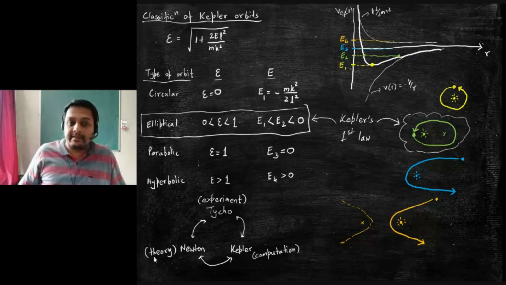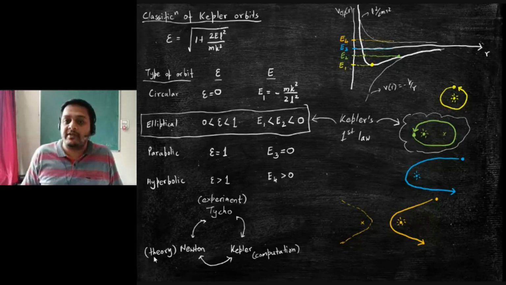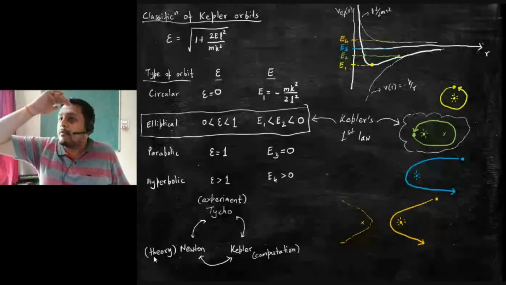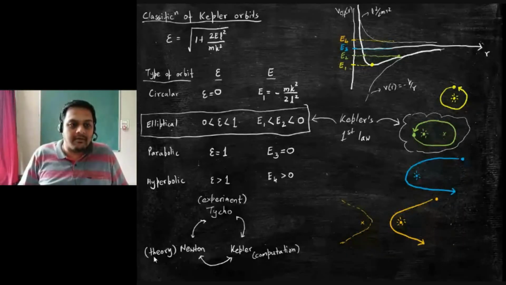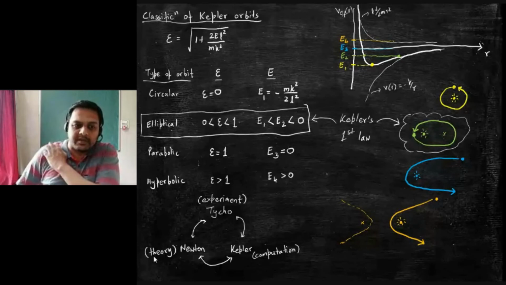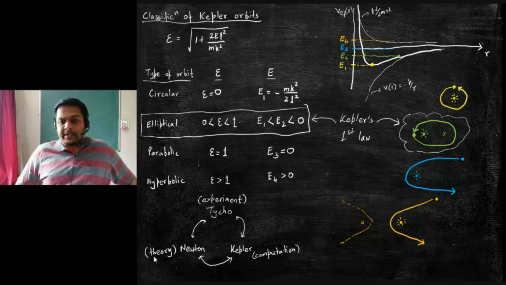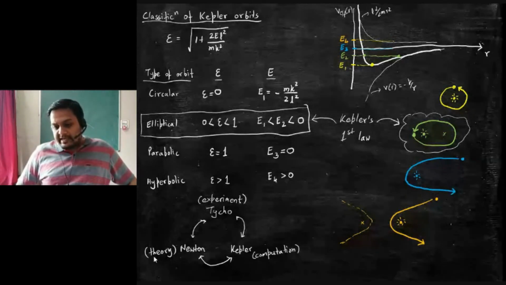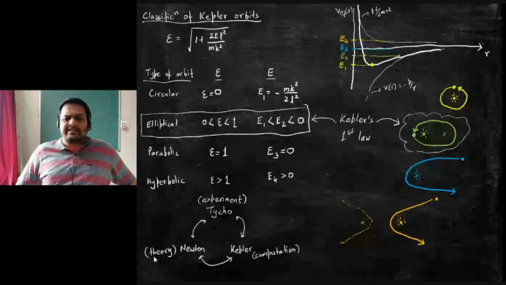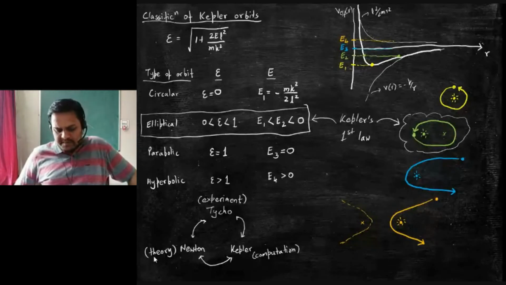Kepler had this possibility because he was not using some random, very crude observations, but very, very precise, meticulous observations. And that is a kind of hallmark of modern science. Modern science basically makes extremely precise, extremely accurate, extremely controlled measurements.